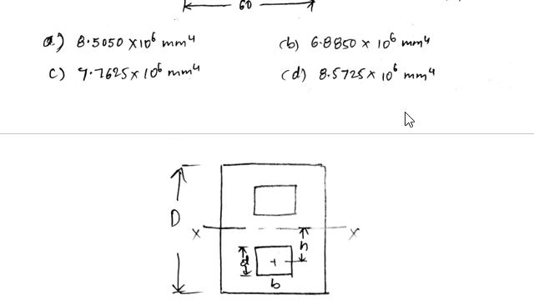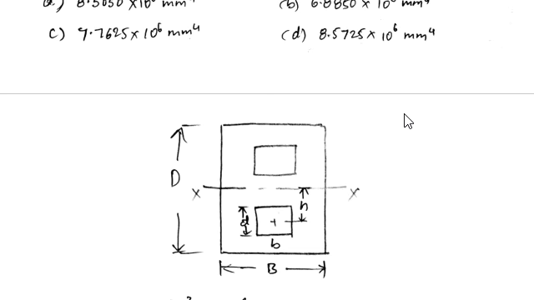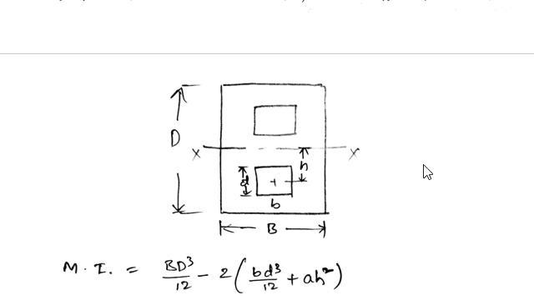Here we are drawing once again a line diagram. The outer portion we are taking as capital B, and this is capital D. The inner portion has area small b, small d, and this is the centroid, and the distance between the centroid and this central axis, suppose small h. So we can write a formula here.